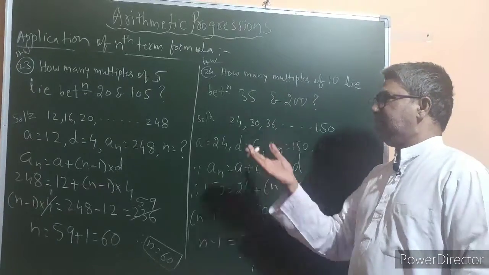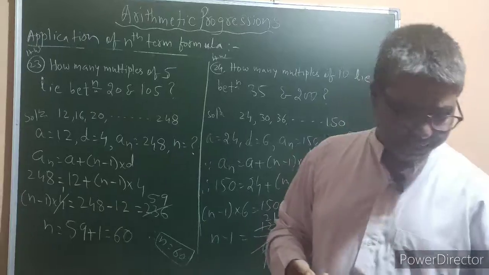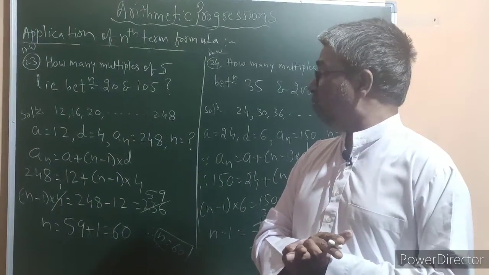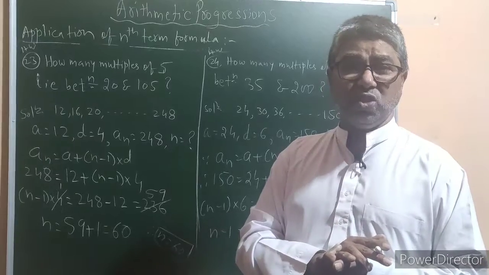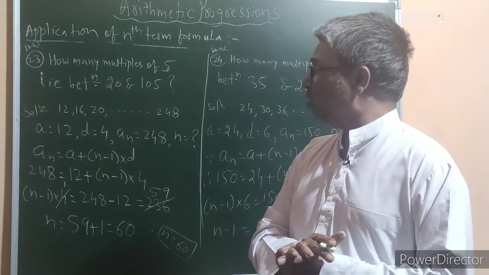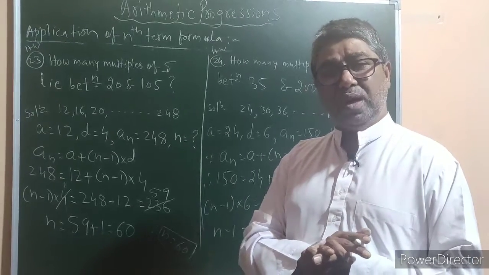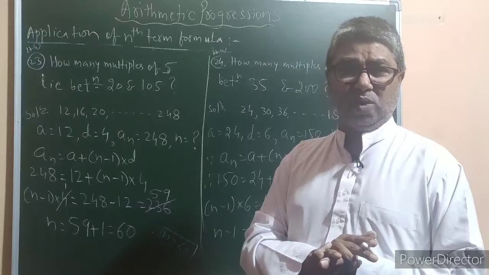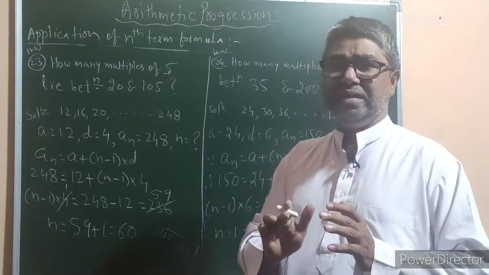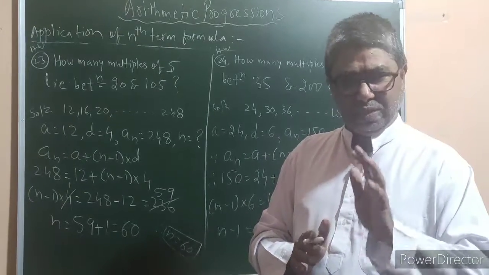So in this way, two more examples I have written on the board for your practice, for your homework, and I hope you will definitely be able to solve these two examples. So in all these 4 or 6 examples, we have seen how the value of n can be found when the value of a, the value of an and the value of d are known or given. Thank you.